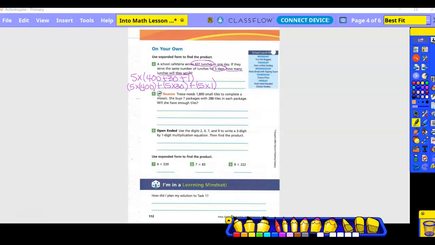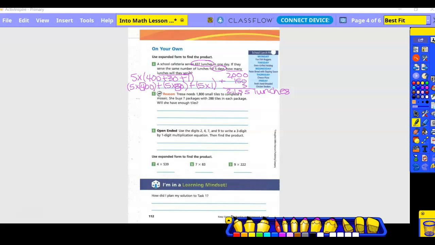Okay, so I'm going to put my 4 in a box. So that would be 20 and add 2 zeros, plus, put my 3 in a box. 5 times 3 is 15 and add a 0, so 150. And then 5 times 7 is 35. So 5, 8, 1, 2. So 2,185 lunches.